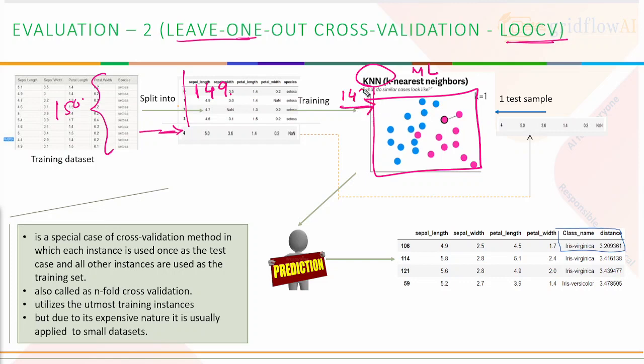So here I'm using 149 samples. Now, after the model has been built, I'm asking about this sample that we took out of the training set. We are asking the model to predict for this sample.